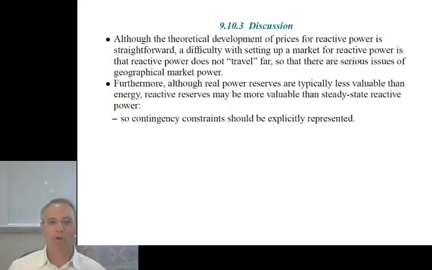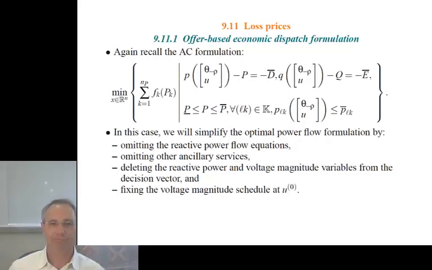And furthermore, although the real power reserves, we've discussed those previously, spinning and other reserves, are typically less valuable than energy, reactive reserves, as it happens, may be more valuable than steady-state reactive power. So although I haven't formulated it, contingency constraints should be explicitly represented in such a formulation.